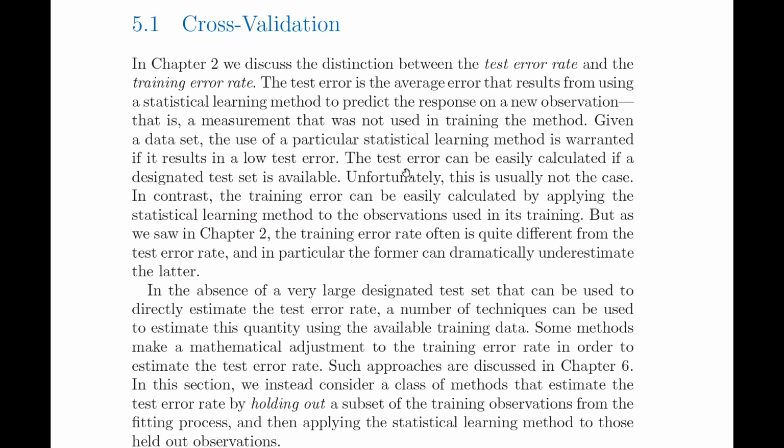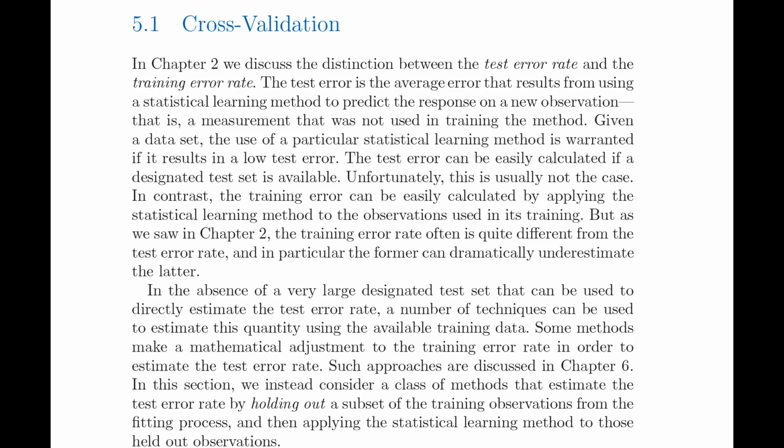Starting with cross-validation. In chapter 2, we discussed the distinction between the test error rate and the training error rate. The test error is the average error that results from using a statistical learning method to predict the response on a new observation. What is a new observation? The book goes on to say a measurement that was not used in training the method.